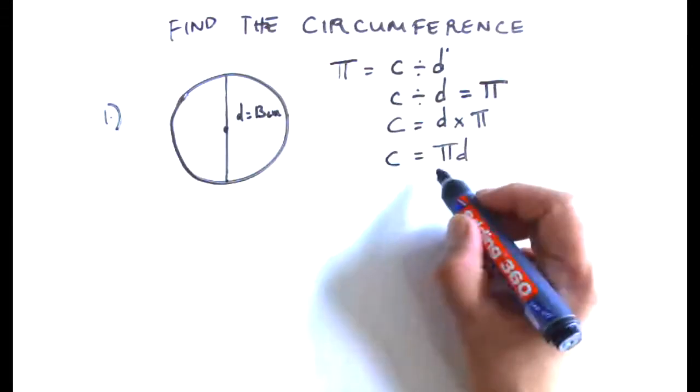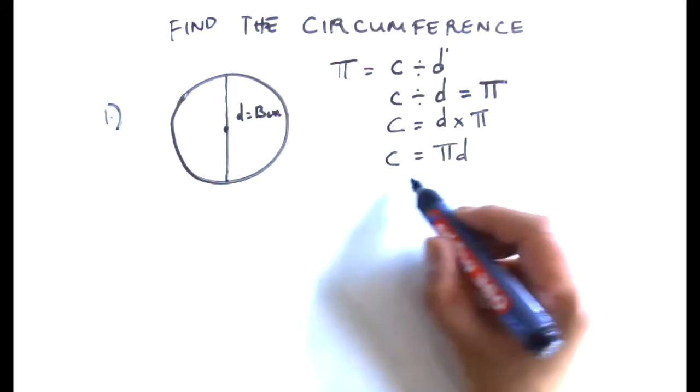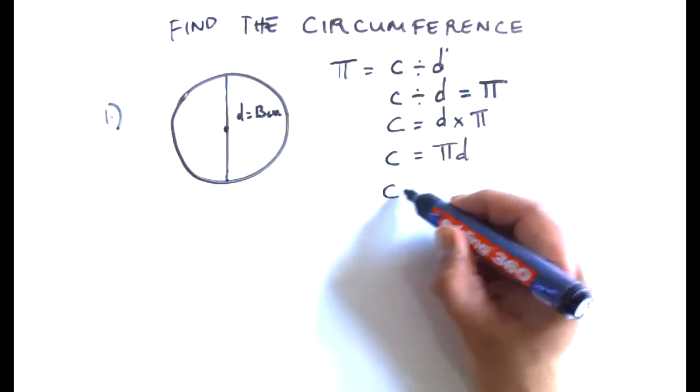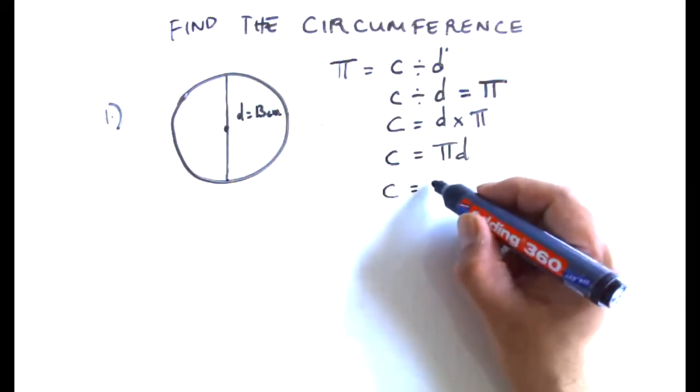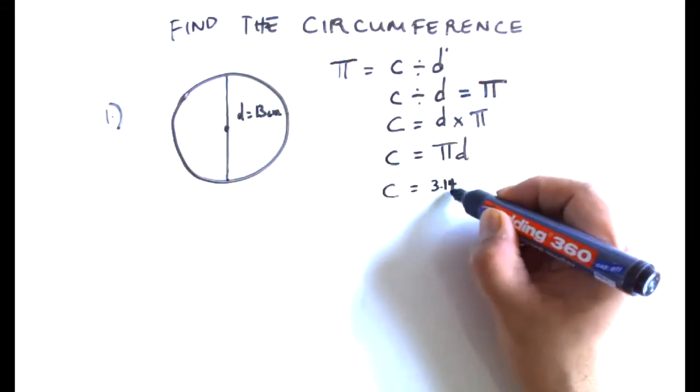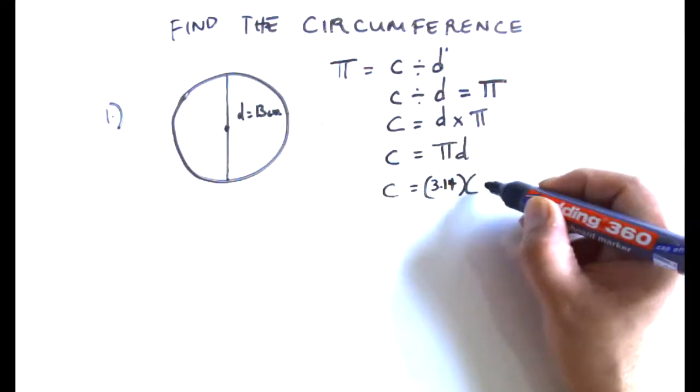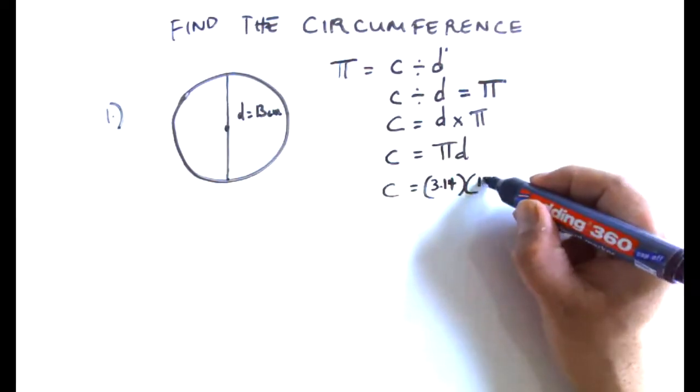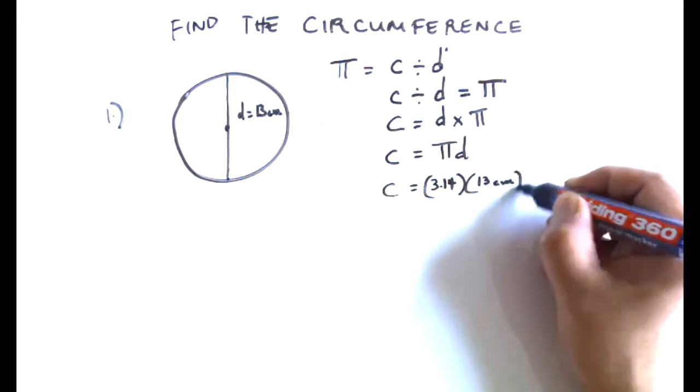Now, in our first question here, what is the diameter? So we know pi is 3.14 times the diameter of 13 centimeters.